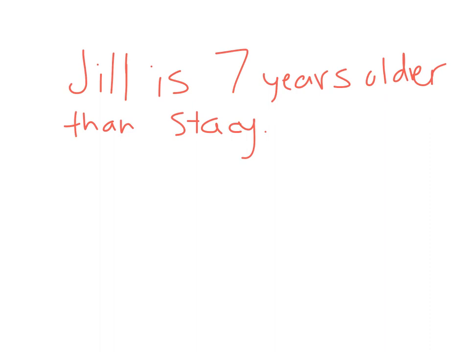If I said Jill is 7 years older than Stacy, in the text you'll probably see the letters that you need to represent there. So you'll see, use S for Stacy, use J for Jill. It'll say something along the lines of write an algebraic model to represent their ages and their relationship.